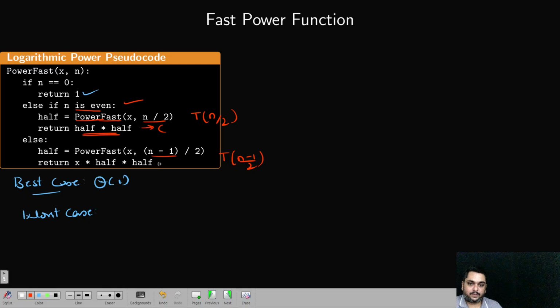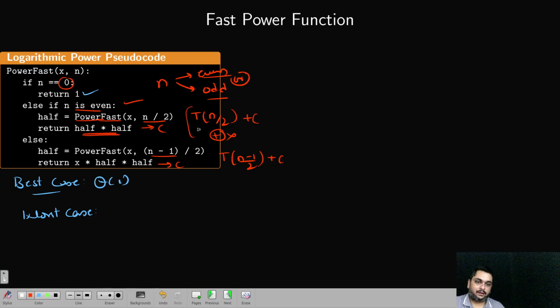So it is one basic operation, here also one basic operation. So it can be plus c like this. The case is I cannot add them. This is wrong. Why? Because either n will be even or n will be odd if it is not 0. So I will either execute this or I will execute this.